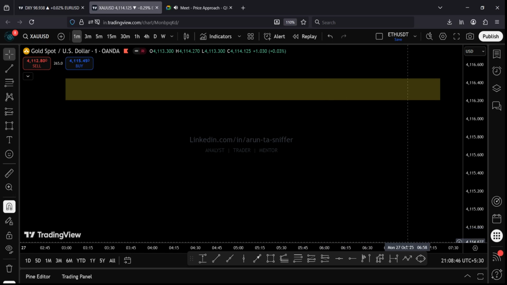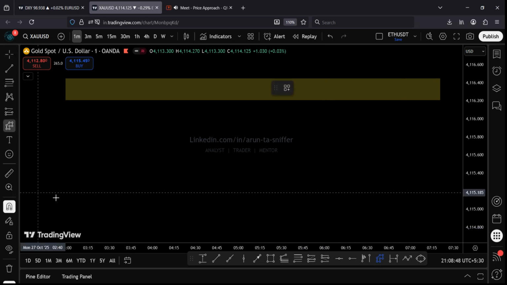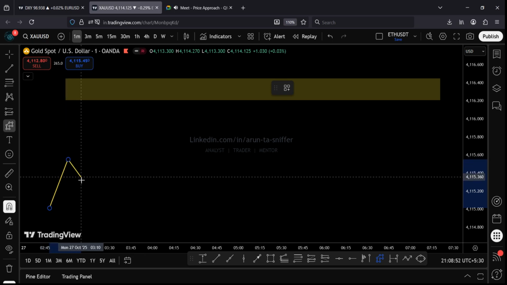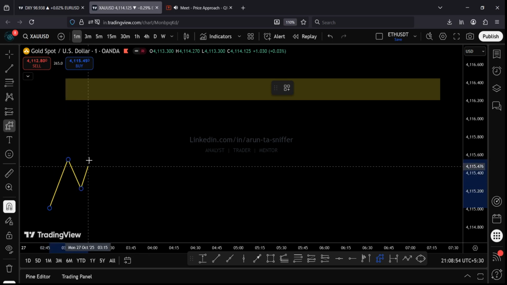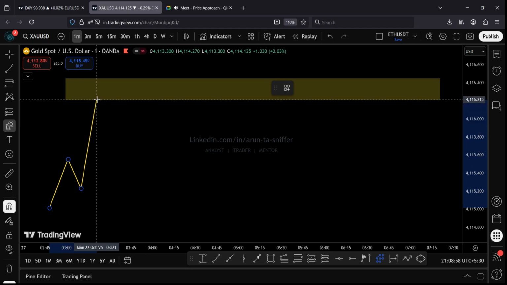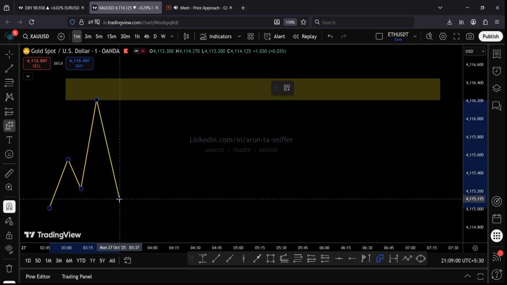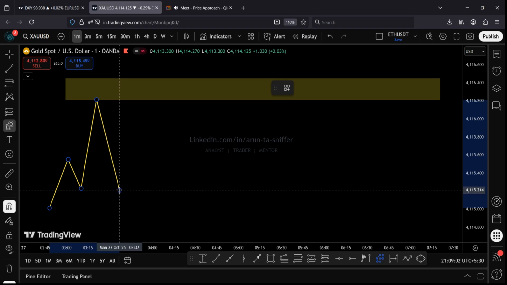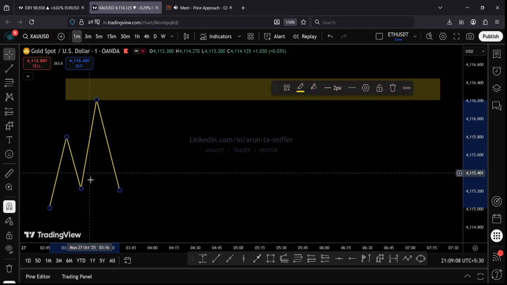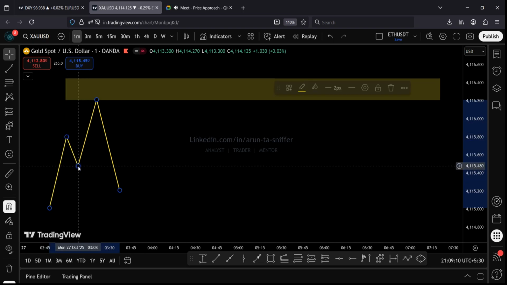Okay, a QM looks like this: it makes a high, then makes a low, then makes a higher high, then makes a lower low. Like this: high, low, high, low.